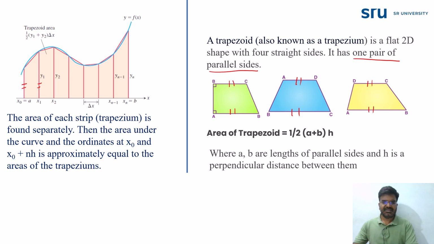Here we can write the area of every trapezium, and by adding all these areas, finally we can find the area bounded by that curve. Area means the integration of the function. What is the meaning of area here? The integration of the function from a to b.